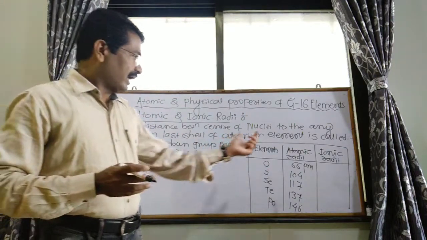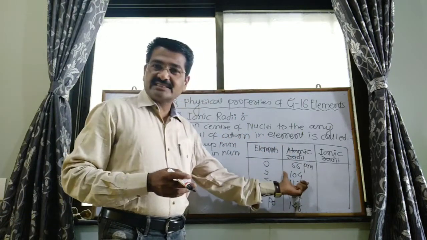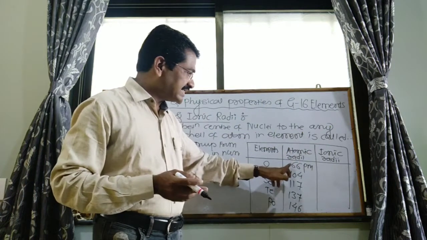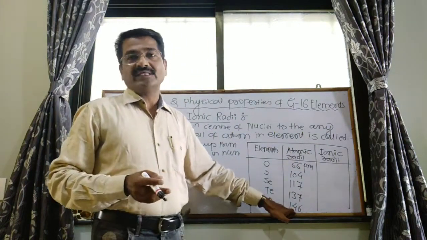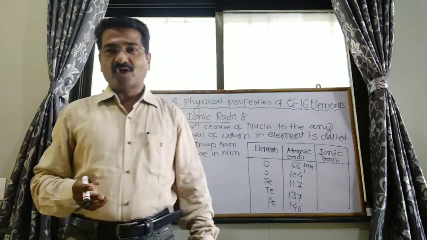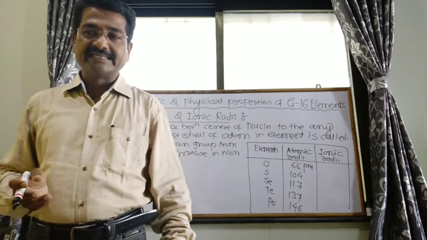So the atomic radii of G16 elements increase from 66 to 146, from oxygen to polonium.